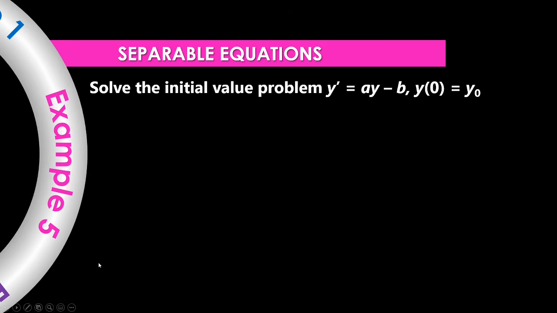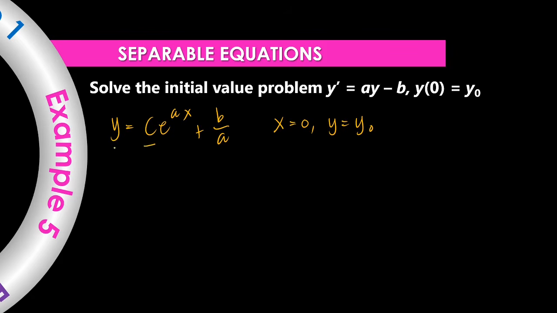So let me rewrite the general solution. Y equals c e raised to ax plus b over a with the initial condition y of 0 equals yo, which means that when x equals 0, y equals yo. So I can now substitute these conditions here so I can get the value of c. Let this y be equal to yo.